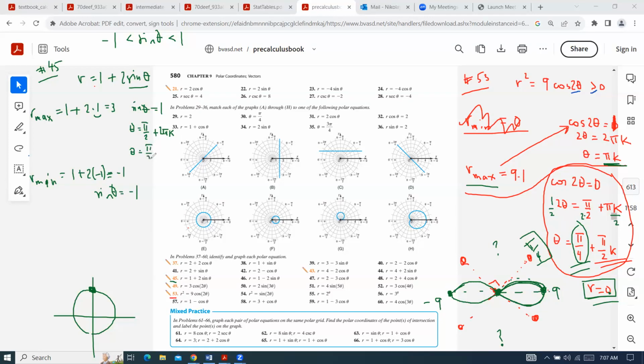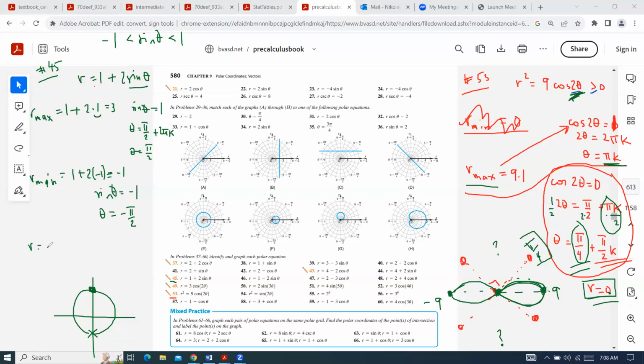Because in contrast with the previous example, I don't have 2 theta that makes me divide everything by 2 and makes my period change. Here it just stays the same. So analogously for the lower value, theta will be negative pi over 2 and period 2 pi k, so I don't have to worry about it.